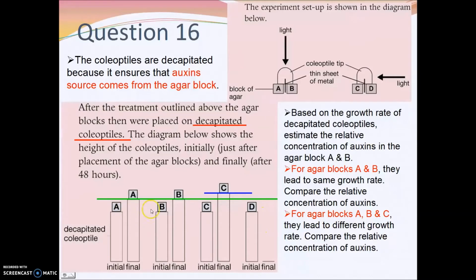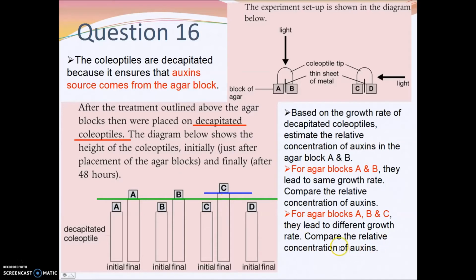I just compare A, B, C. So actually they have different growth rates, especially the coleoptile below agar block C. It grows up, and the growth rate is a little bit higher than that of the coleoptiles below agar blocks A and B. So that means the coleoptile in this setup is actually promoted; the growth rate is promoted compared with the normal case.